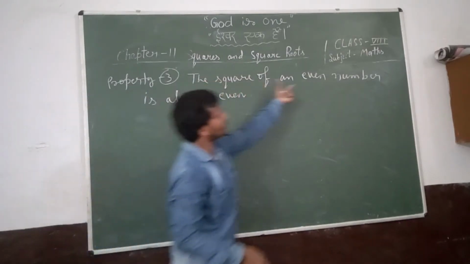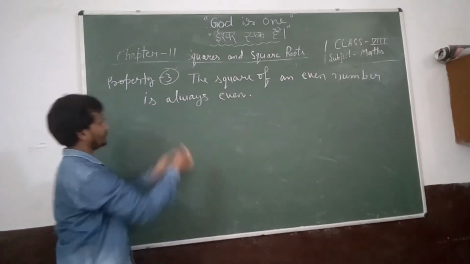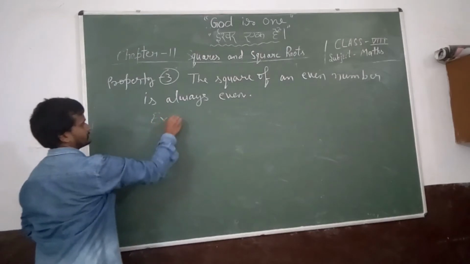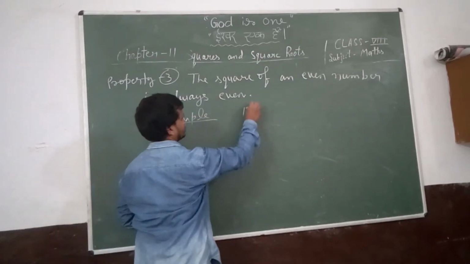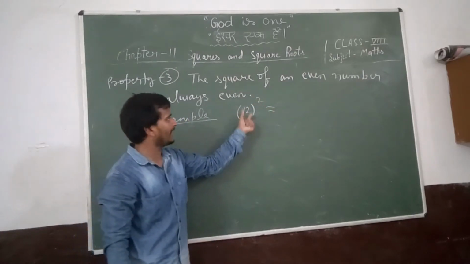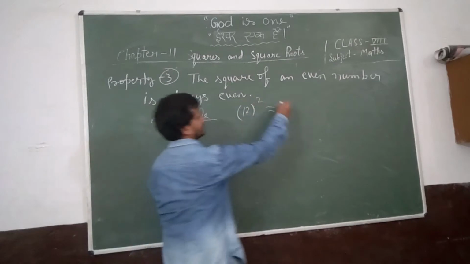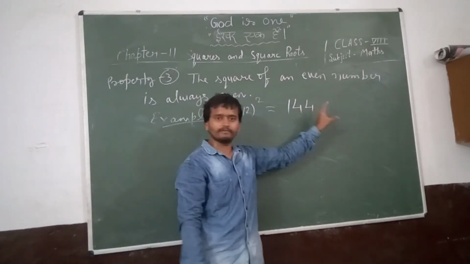Next is the square of an even number is always even. For example, square of 12. 12 is an even number and its square will be 144. It is also an even number.